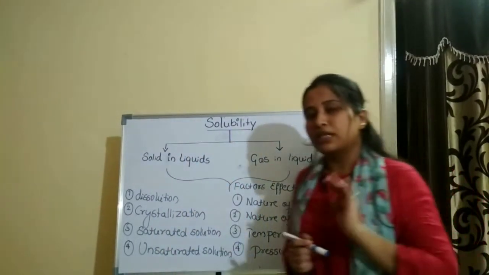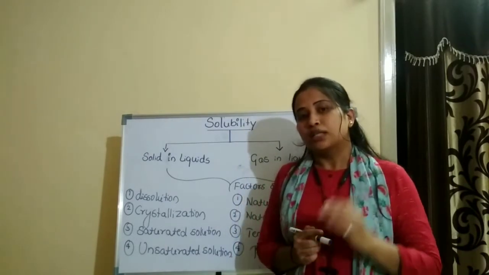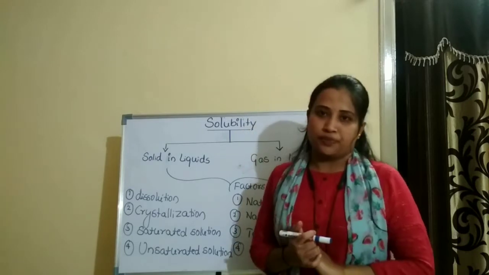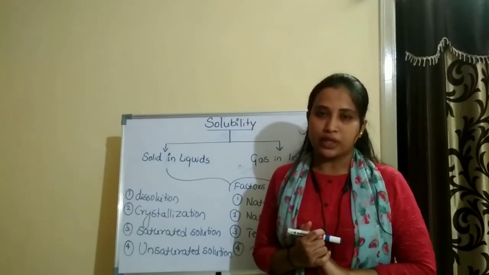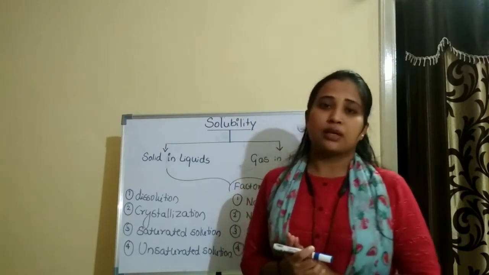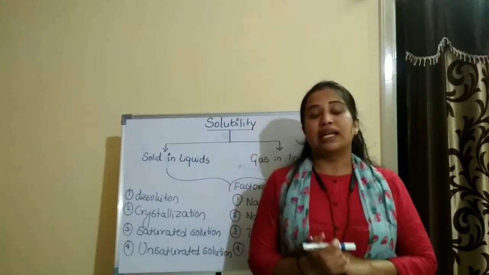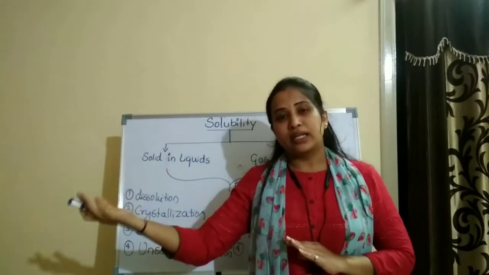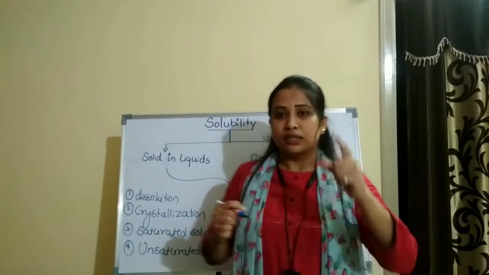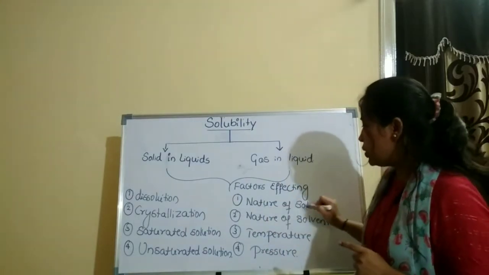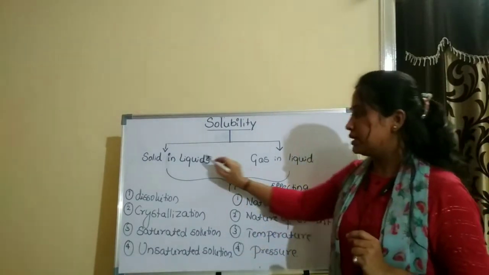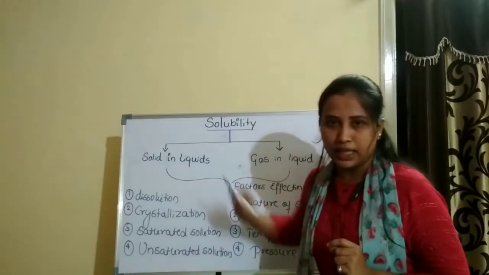For example, water itself is a polar solvent, and polar solvents readily dissolve polar compounds, or inorganic compounds, we could say. Similarly, non-polar solvents, for example the organic solvents, readily dissolve organic compounds. That is where the nature of a solute and the nature of a solvent play a very important role in the solubility of a solid in a liquid.